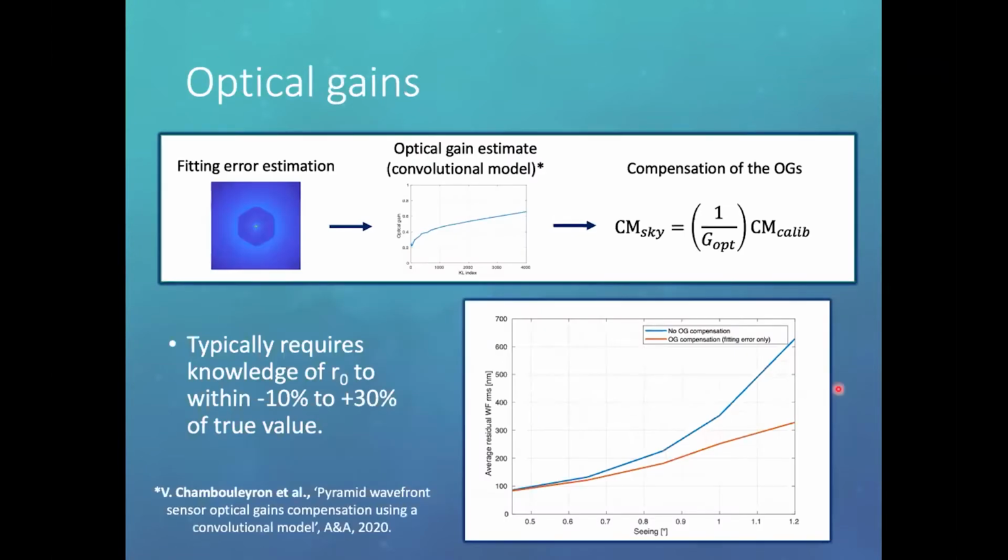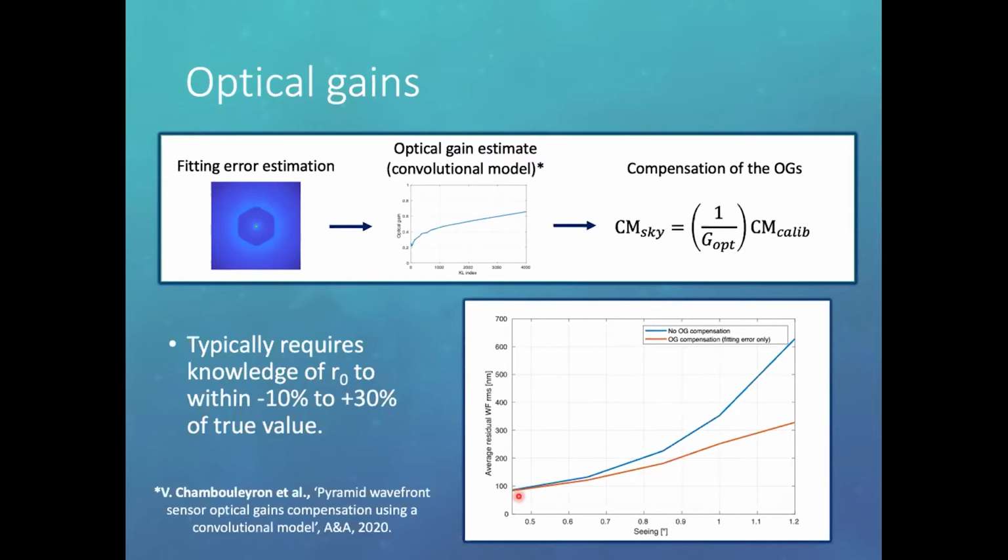So talking of optical gains, our baseline approach to deal with optical gains in HARMONI is to use an estimation of the fitting error in a convolutional model to estimate the optical gains for each mode. Then that is compensated on the command matrix.